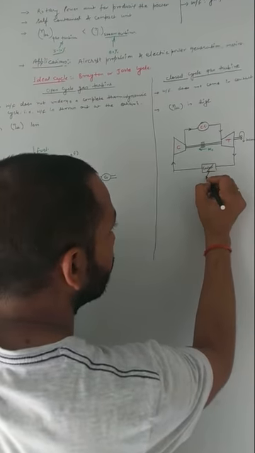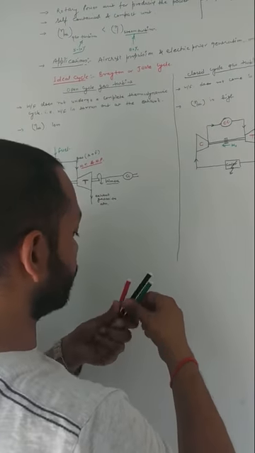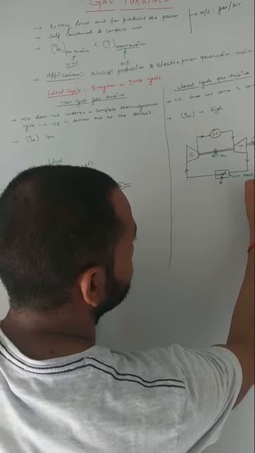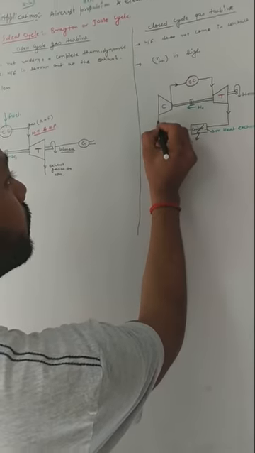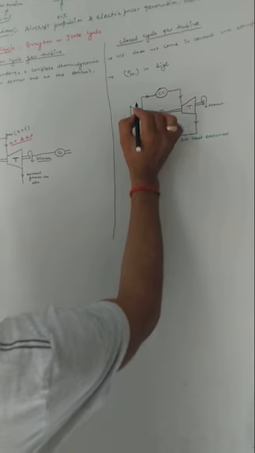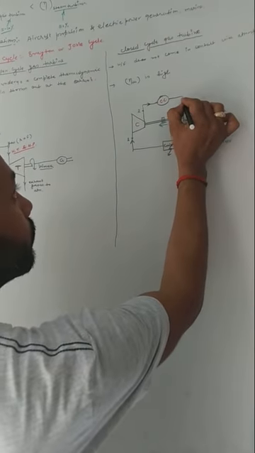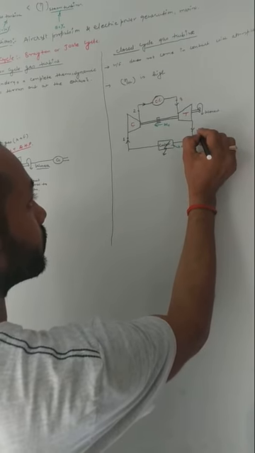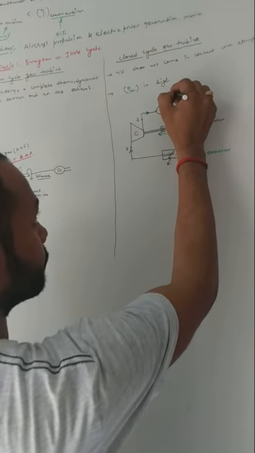Rejection of heat into the atmosphere through the cooler, or you can say heat exchanger. There is state 1 after compression, state 2 after burning, state 3 after expansion, state 4. From here the fuel is supplied.